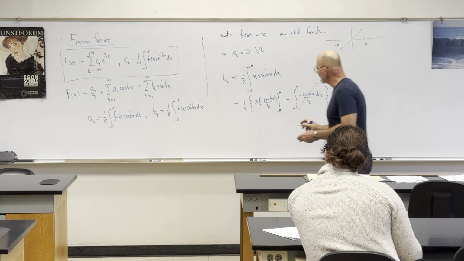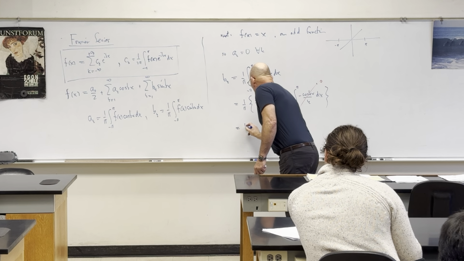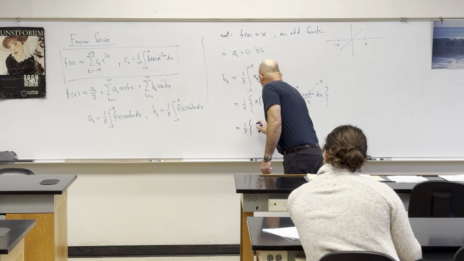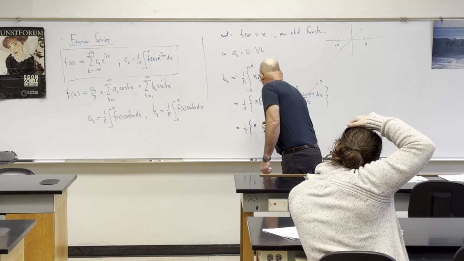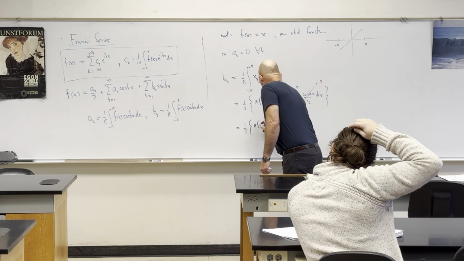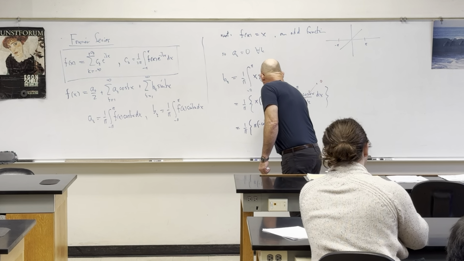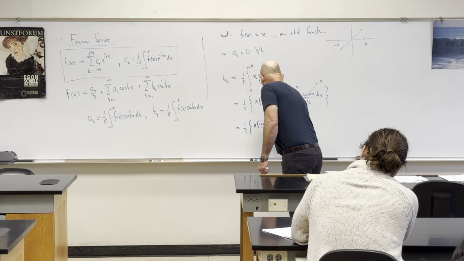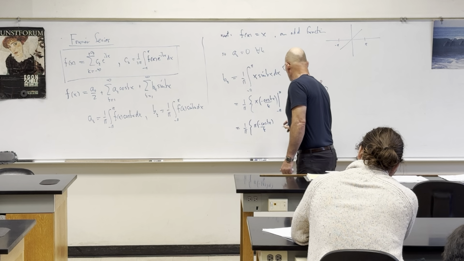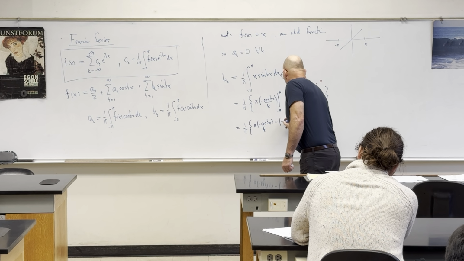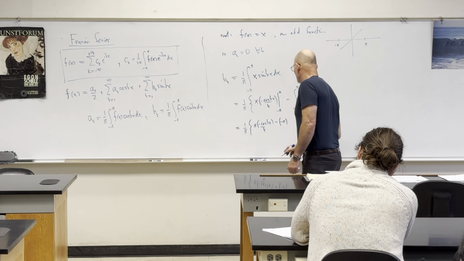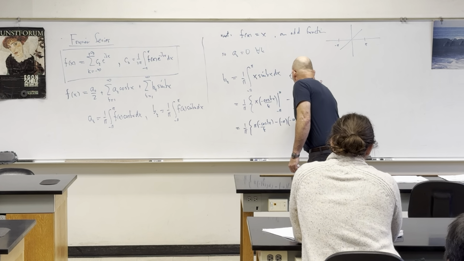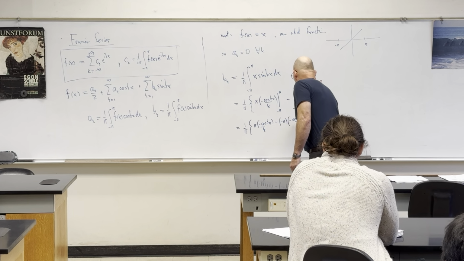And then this one here, we'll have 1 over pi, negative cos k pi over k, minus negative pi, negative cos k pi over k.